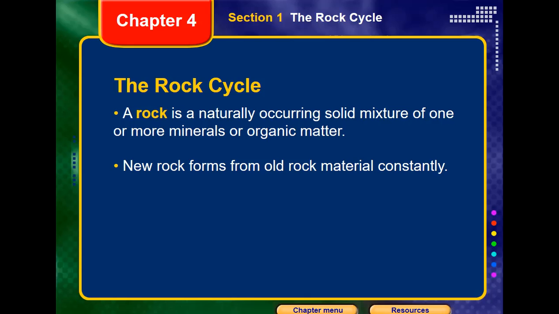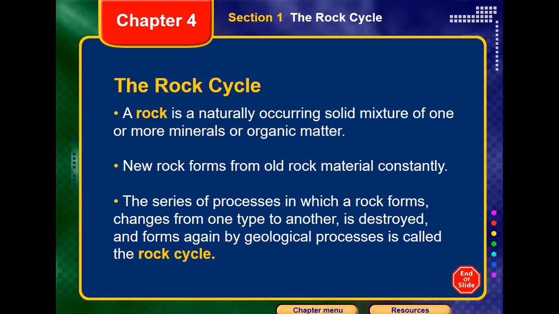So we said the rock cycle is considered a sequence of changes that change a rock from one type to another. The series of processes in which a rock changes from one type to another is the rock cycle. The old rock will be destroyed and then reformed, or a new rock will be formed, by certain geological processes that make this transformation.